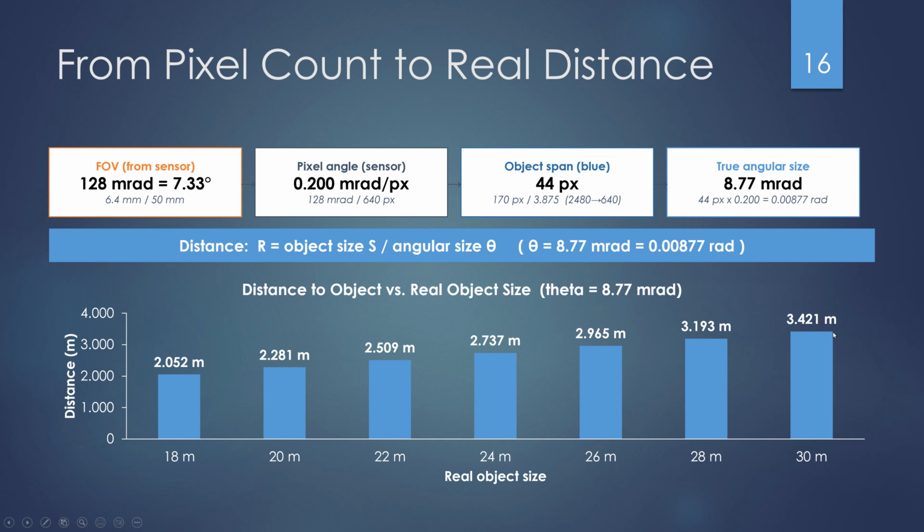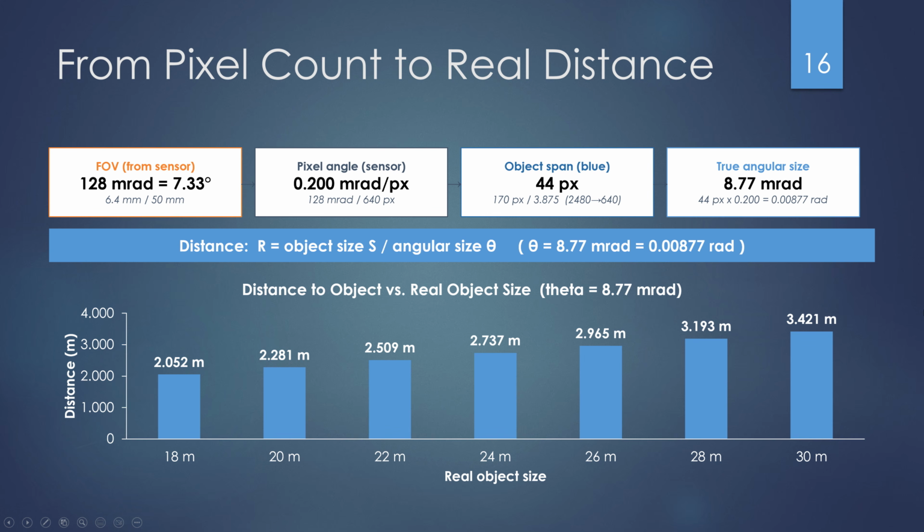So we can derive that it must have been really close to them, or it must be extremely large. But I think the real size of the plane will be somewhere between 22 to 28 meters. That's my personal estimate, and that's why I included these distances here. So it was either 2.5 to 3.2 kilometers away.